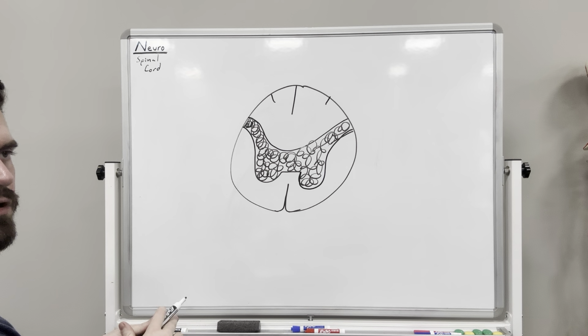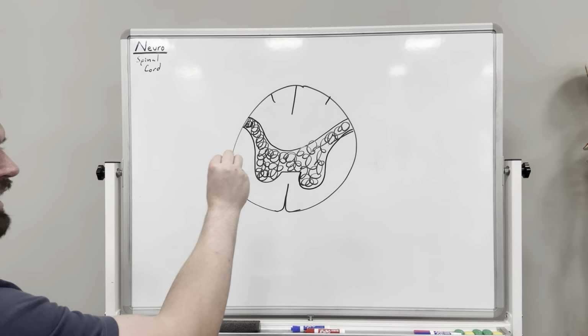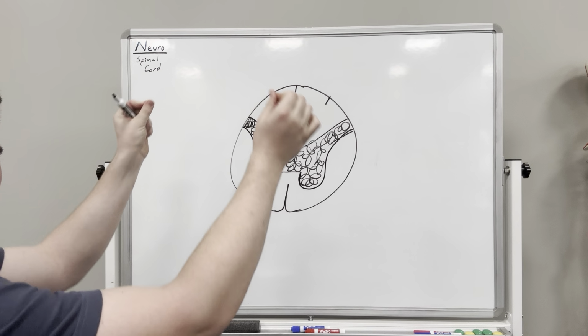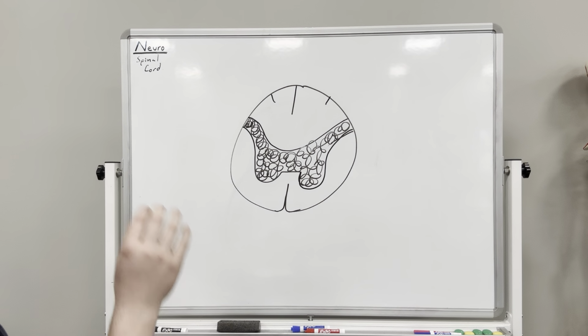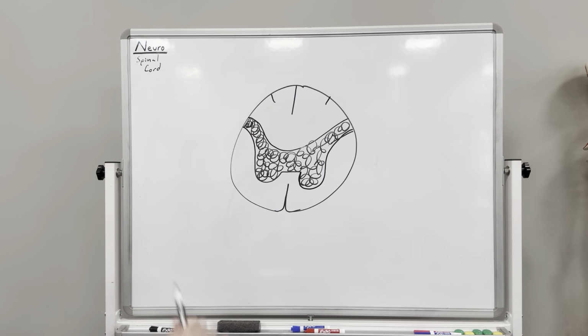In the brain, we saw that was still true. The brain had gray and then it had white throughout most of it, but then it also had a layer of gray at the cortex. But at the spinal cord, it is gray in the middle and then white wrapping all the way around it. So that's what we're looking at.